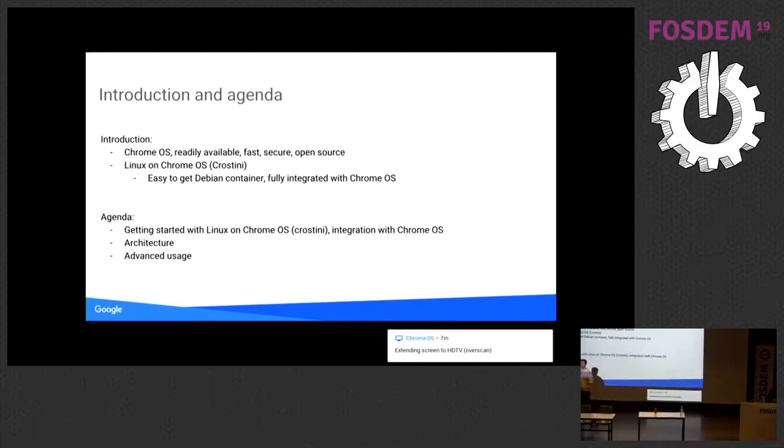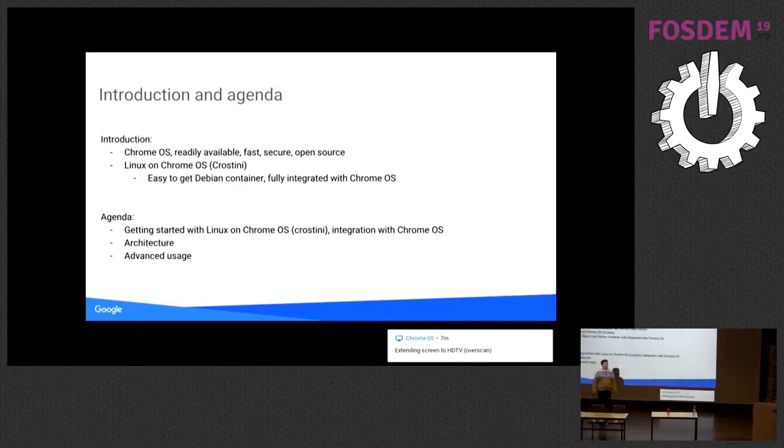You've all probably heard of ChromeOS. This is a Linux-based operating system that is quite widely available, but is also geared at a cloud type of work based on Chrome.